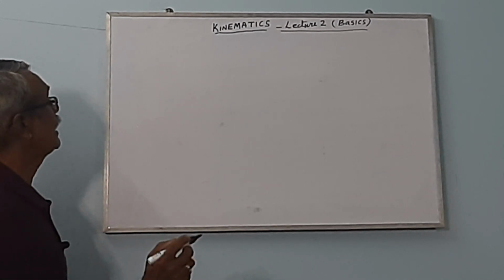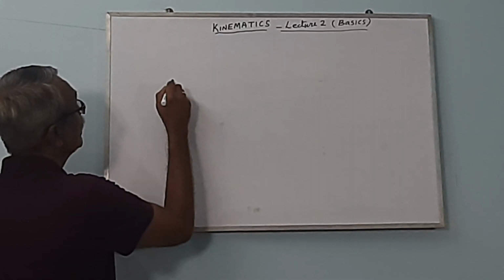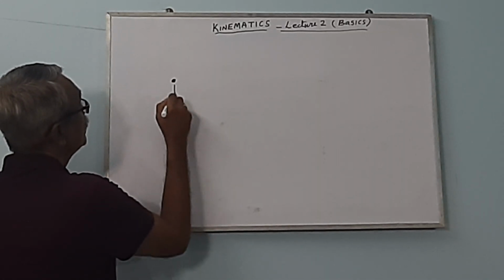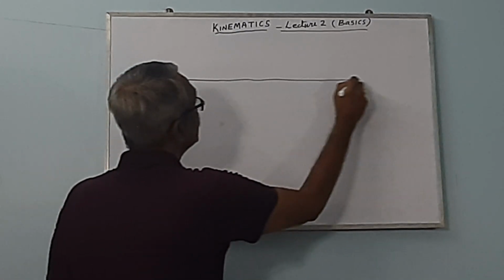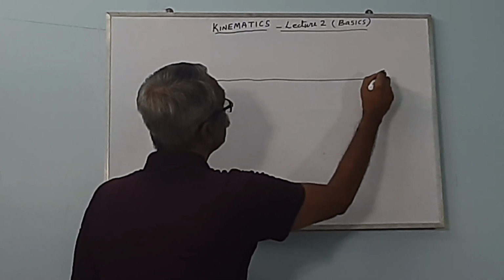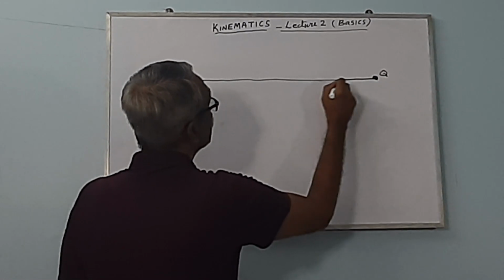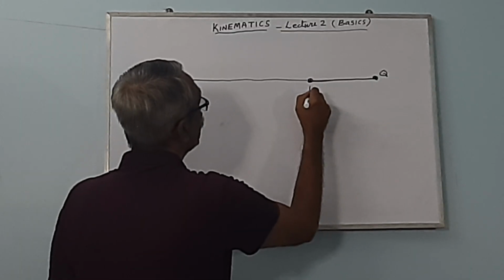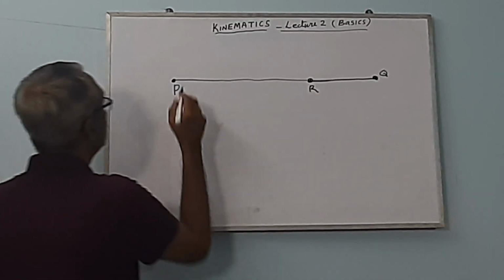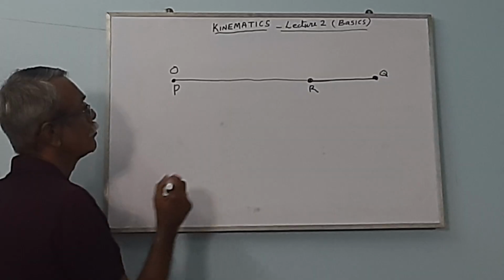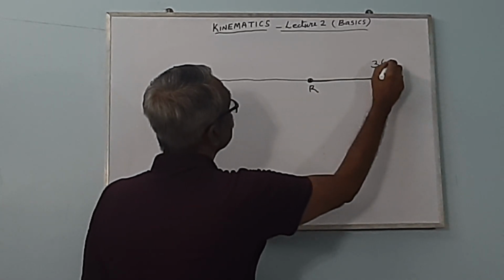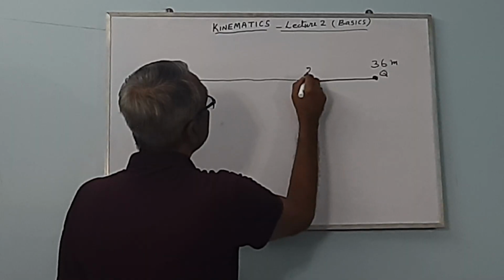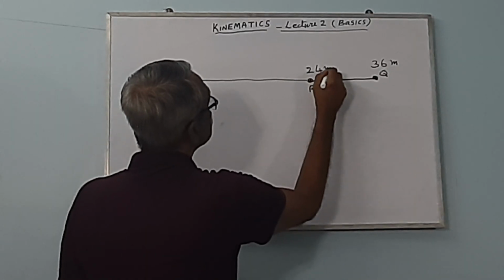Now we take an example. Consider a particle starting from P, reaches a point Q and then reaches a point R. Let this be 0. Let this be 36 meter. Let this be 24 meter.